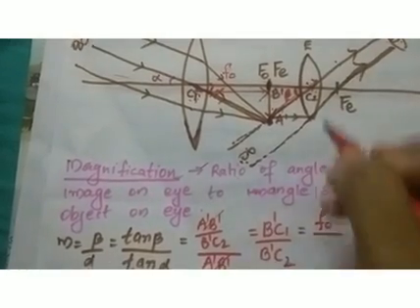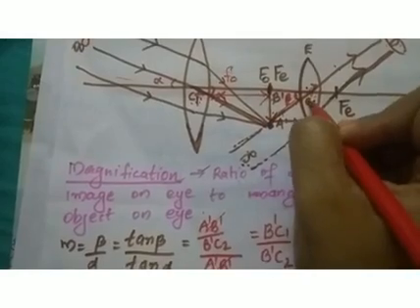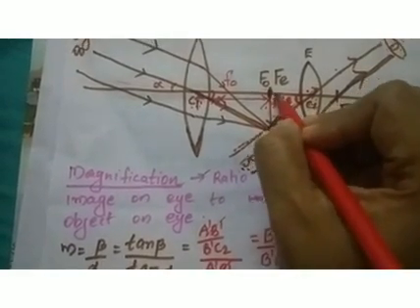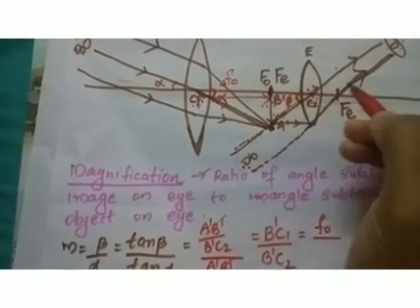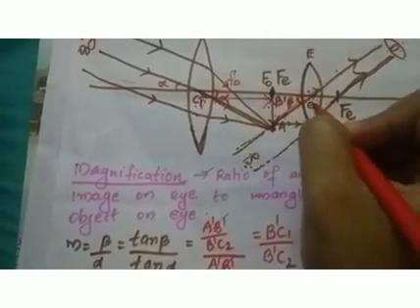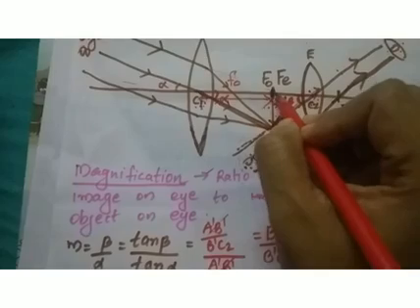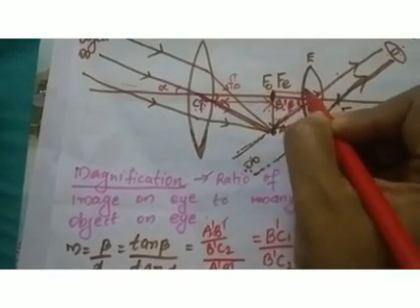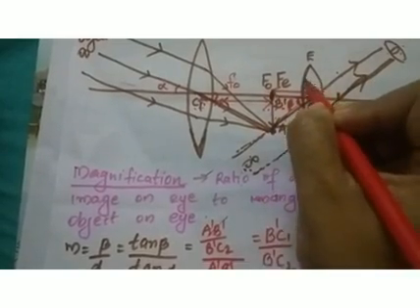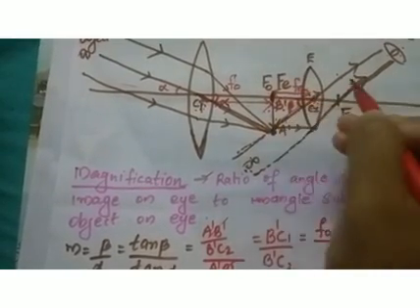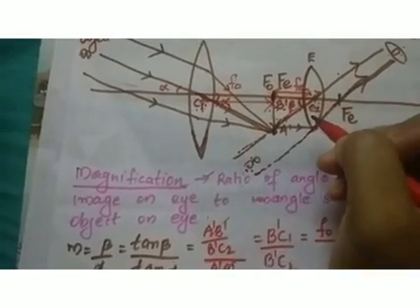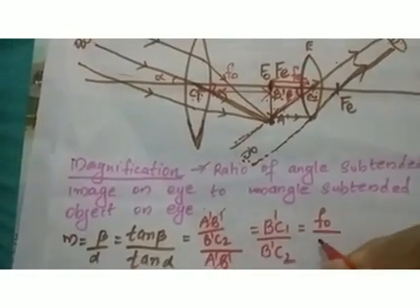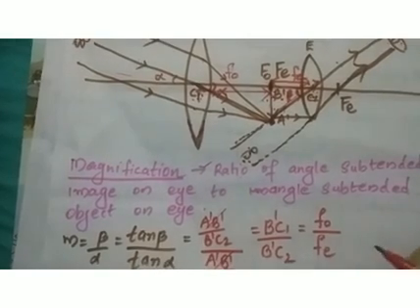What is B dash C2? This distance is B dash C2. Again, this point is the focus of the eyepiece also. So B dash C2 is the distance between the focus of the eyepiece and the eyepiece lens, that is the focal length of the eyepiece, FE.